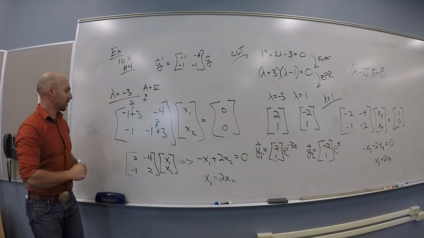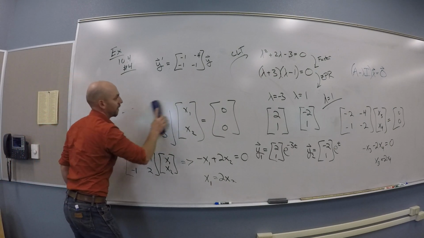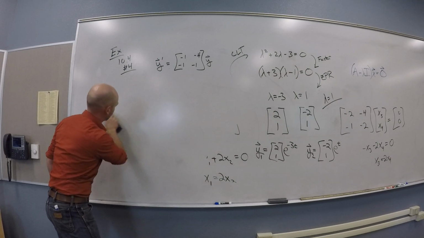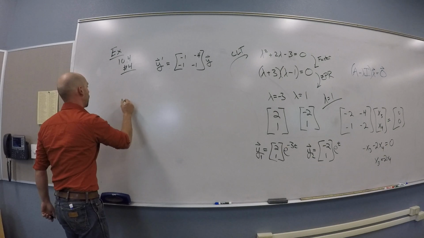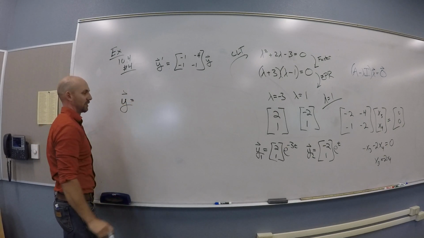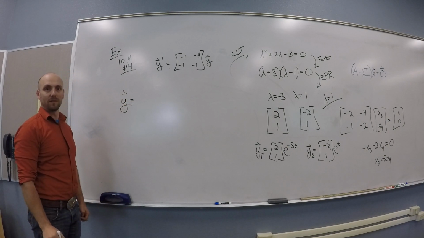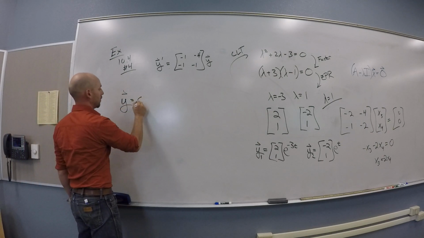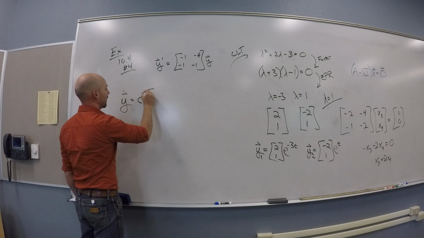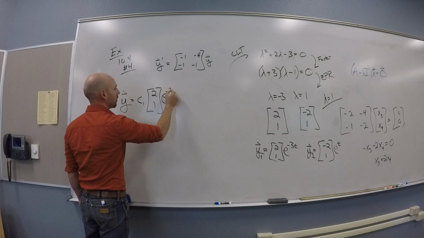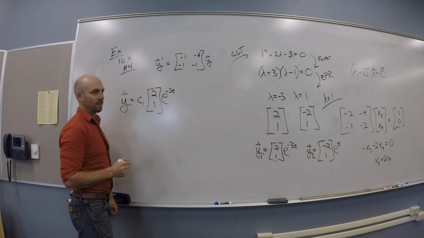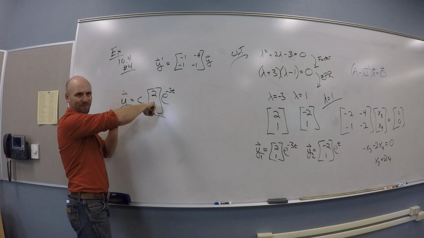And so your general solution is y is C1 times 2, 1 times e to the minus 3t. And this is terrible form.